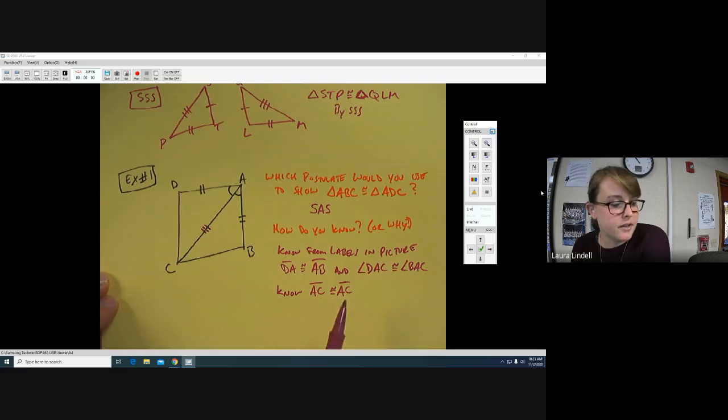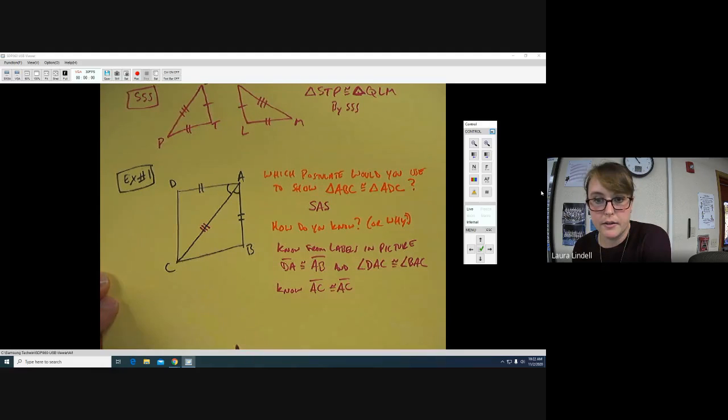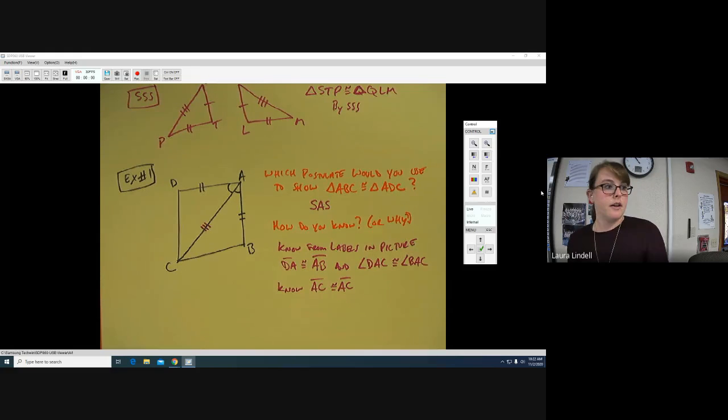So what we're doing here is we're acknowledging that this side is shared by both of the triangles. So whenever we see a shared side like this, we have this idea that the side is congruent to itself, and we have to acknowledge it to show that yes, these two share this side, and that's okay. And this looks like one of our properties from 2.4. If you remember all the way back to that, we had the reflexive, symmetric, and transitive properties, right?